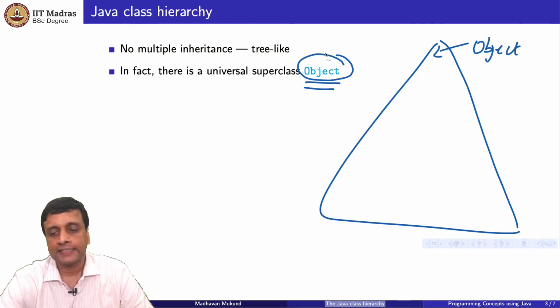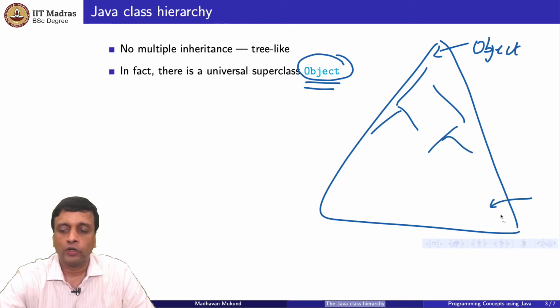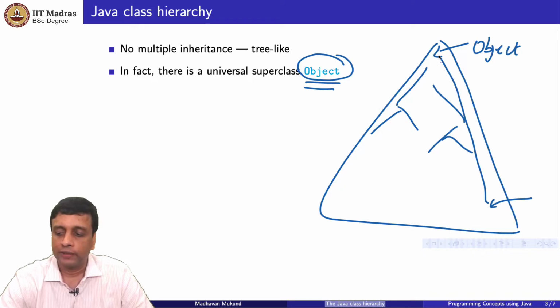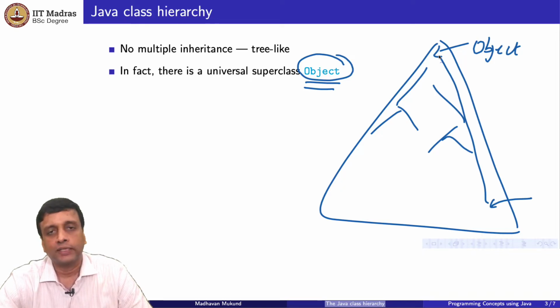So Java has chosen this capital O Object as the name of this superclass, right? So it is the universal superclass. It is the parent or the ancestor of every class that you ever use in Java. So all your other classes are sitting below this, right? So you might introduce employee here, but it is connected to Object.